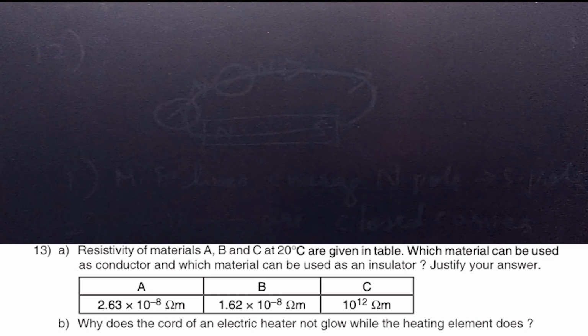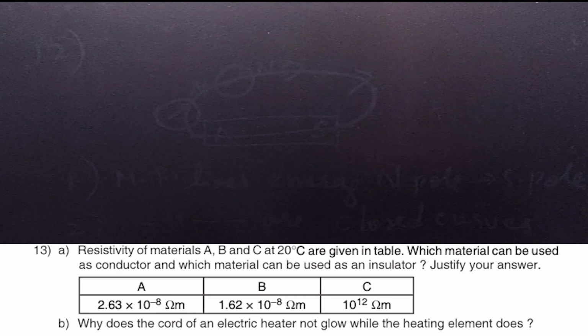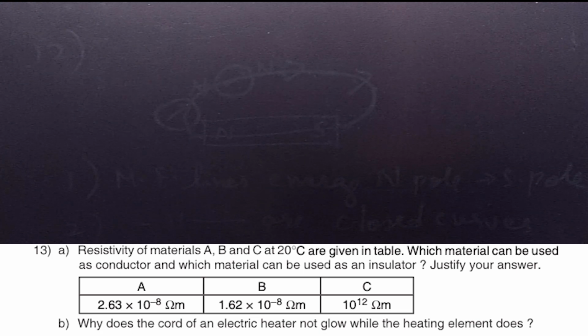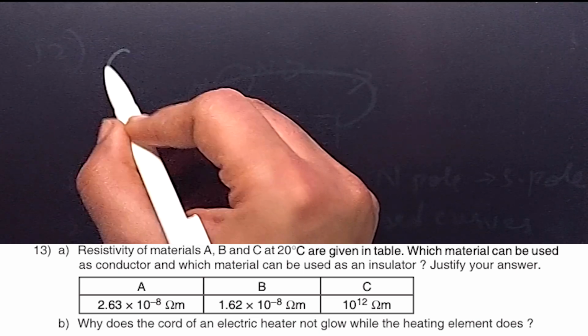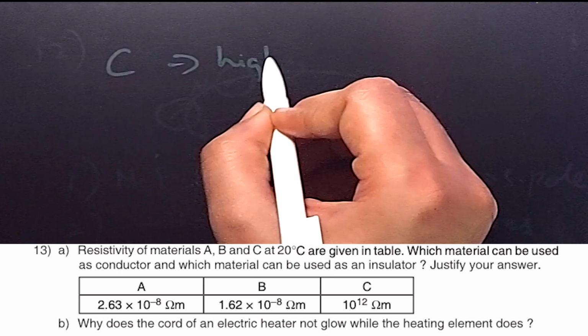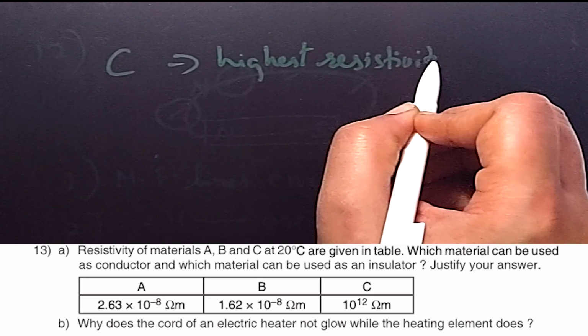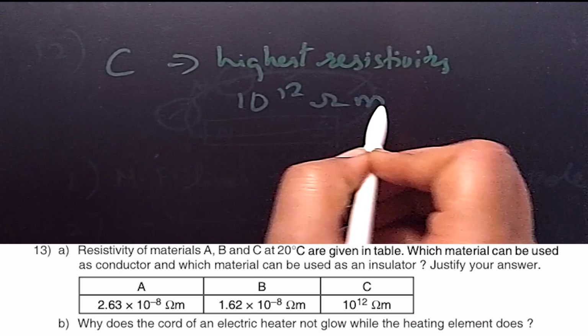On comparing the quantities of A, B and C, we observe that the material C has got highest resistivity. That is nothing but 10 to the power 12 ohm meter.